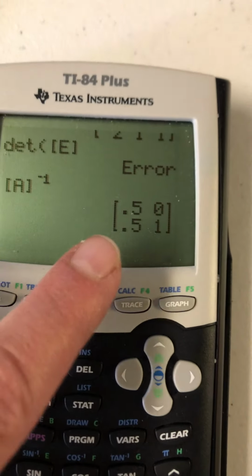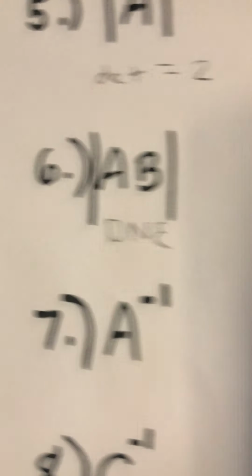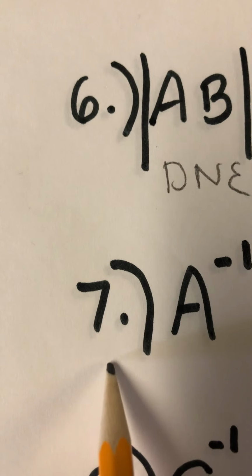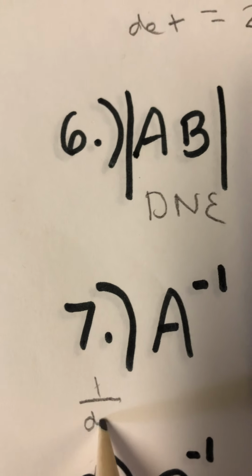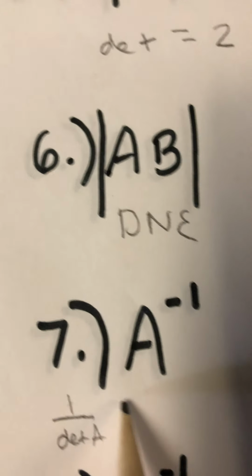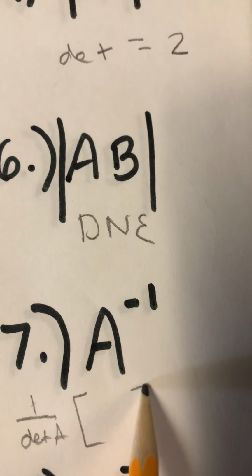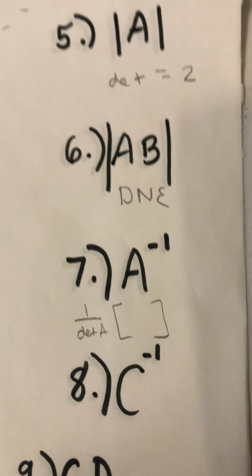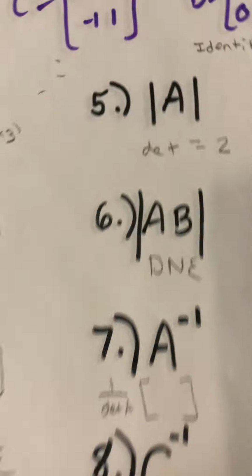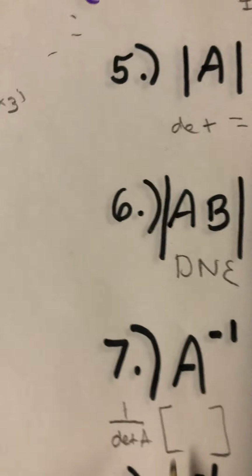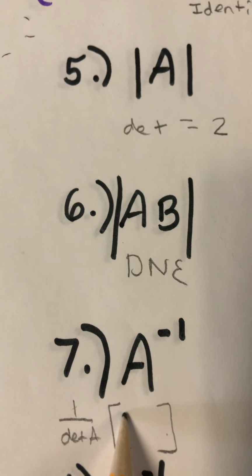So to find the inverse manually, you take 1 over the determinant of the matrix A and you multiply it, not to matrix A, I believe, I'll have to rethink this, but I believe you have to switch the entries by hand. You switch these and negate those.